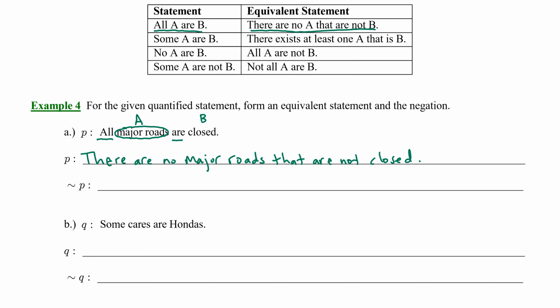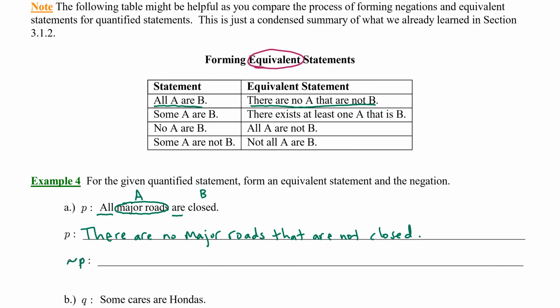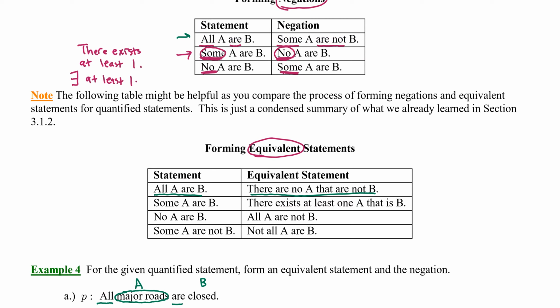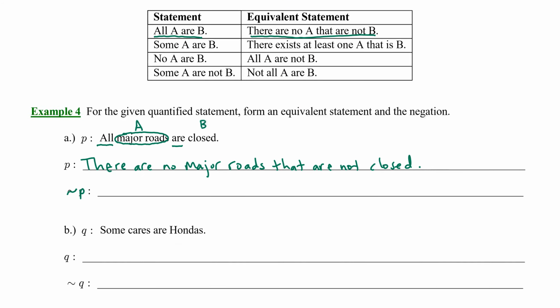Now we're going to form the negation. Notice the negation is symbolized by not P. We can't just insert the word not. We have to use the appropriate form. So I'm going to start with the pattern, all A are B. The correct way to form the negation is some A are not B. So this would sound like some major roads are not closed.